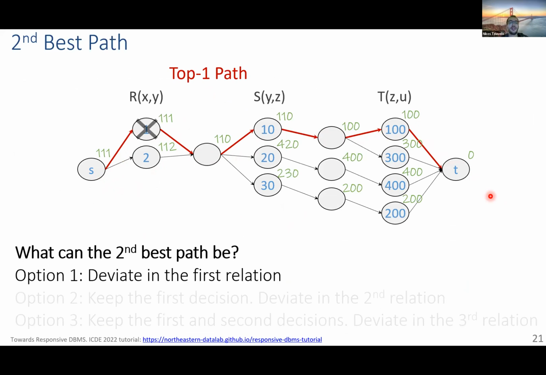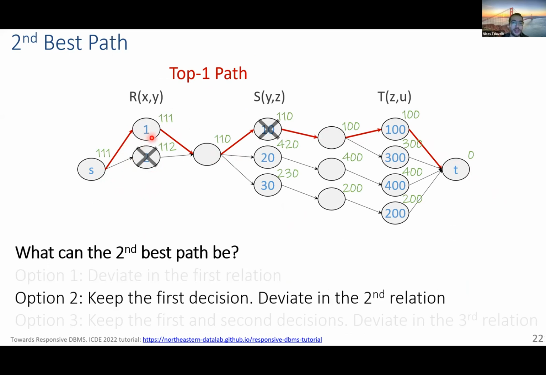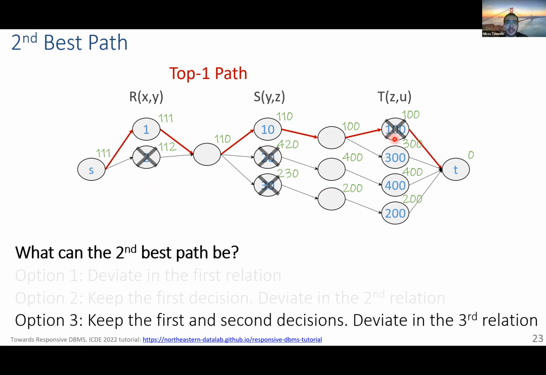Either we will deviate in the first relation, which means that we will pick a different tuple, or we will keep the first one but deviate in the second one, or we will keep both the first two and deviate in the third one. Also notice here, I'm not really concerned about the intermediate nodes. I will be mostly ignoring them because they are just intermediate stations. They don't play any role here.